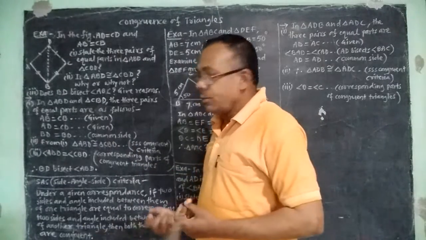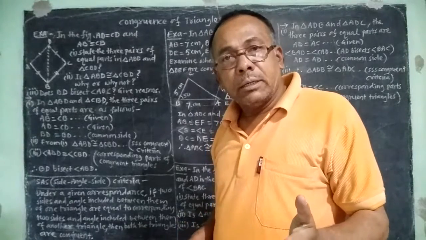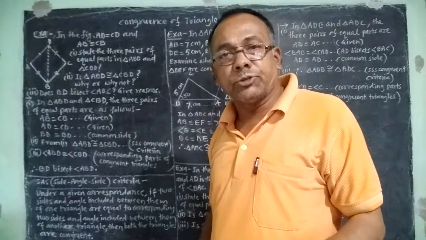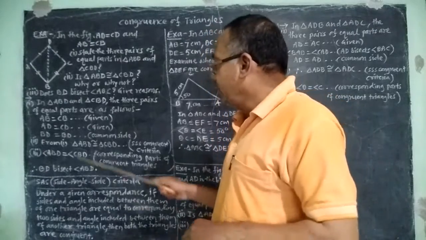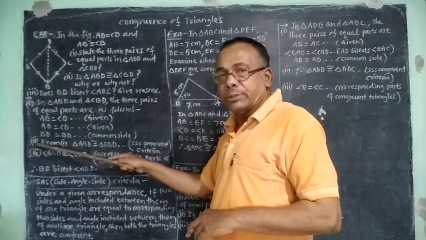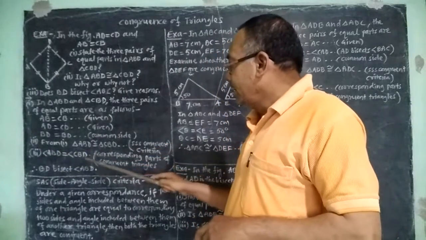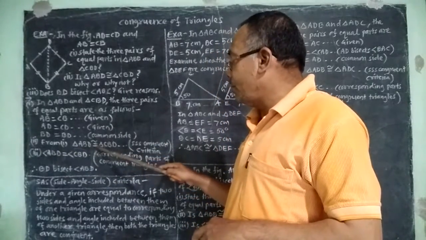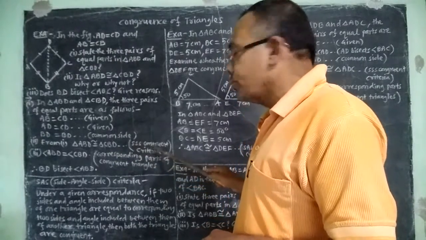Now we know that if three sides of one triangle are equal to the corresponding three sides of the other triangle, then both the triangles are congruent. And therefore, the answer of the second question is from this: it is seen that triangle ABD is congruent to triangle CBD according to the SSS congruence criteria.